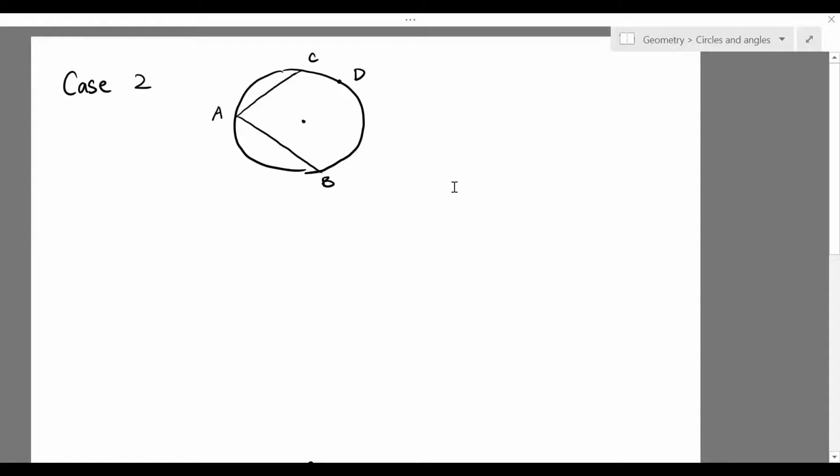The proof of case 2 turns out to be based on the result from case 1.